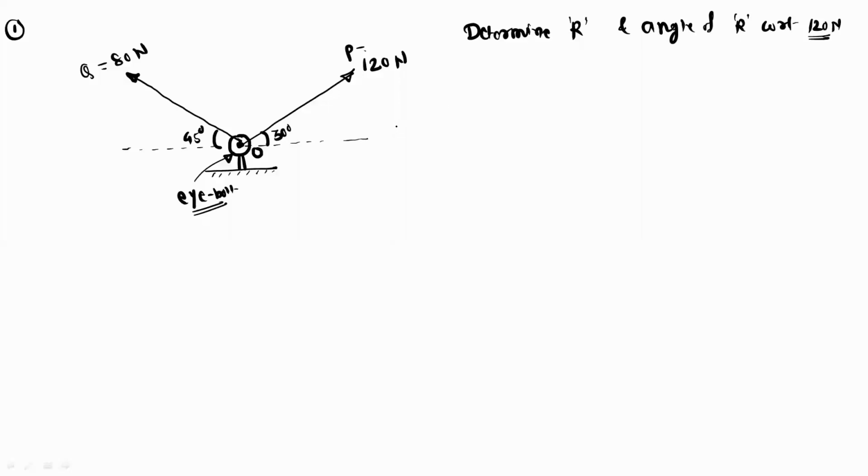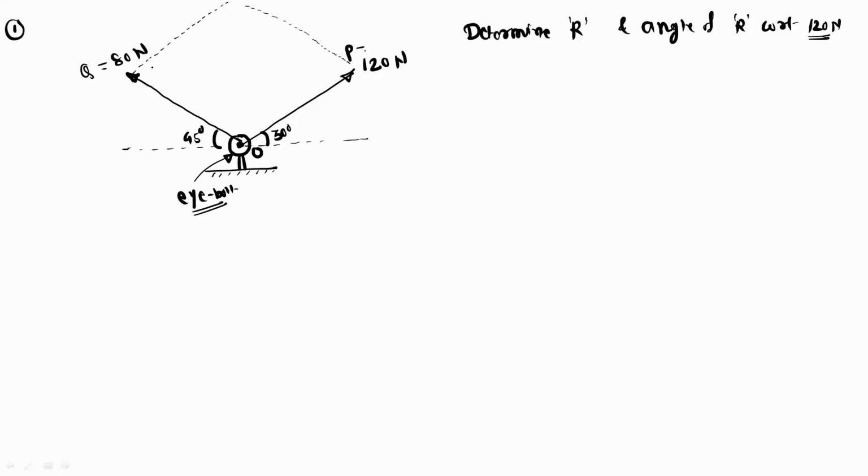So we can solve this problem by using the law of parallelogram, because in the given concurrent system, there are only two forces. Okay. So when we use the law of parallelogram, we need to construct one parallelogram. So for that, draw a parallel line to 120 Newton from the end point of the first vector or vector Q. Similarly, draw another parallel line from the 120 Newton, like this.